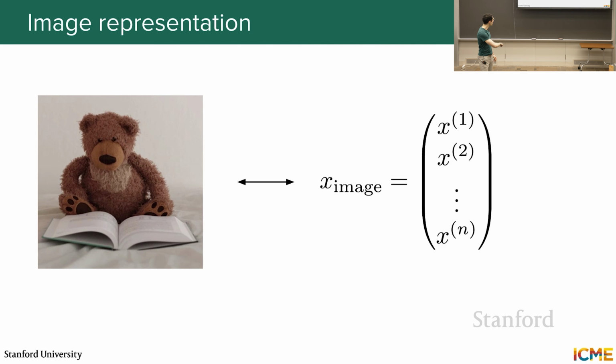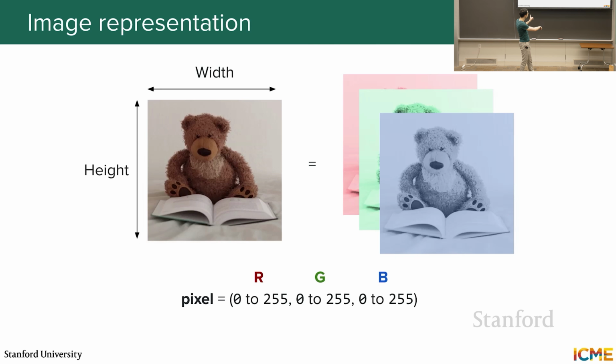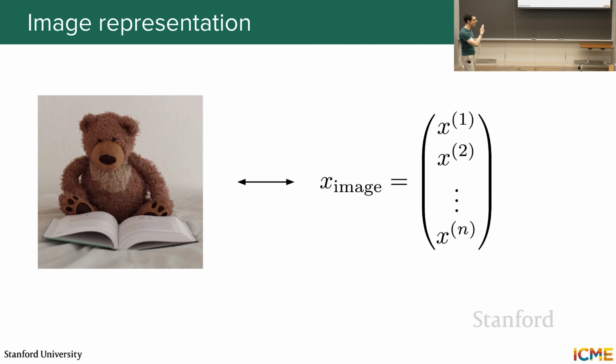So based on that, it is fair to say that you can represent images in a vectorial fashion. So here, the dimensionality of the image in this example would be equal to the number of pixels times the number of dimensions you need to represent a pixel, which is 3. So you would have n dimensions where n is equal to the number of pixels times 3.